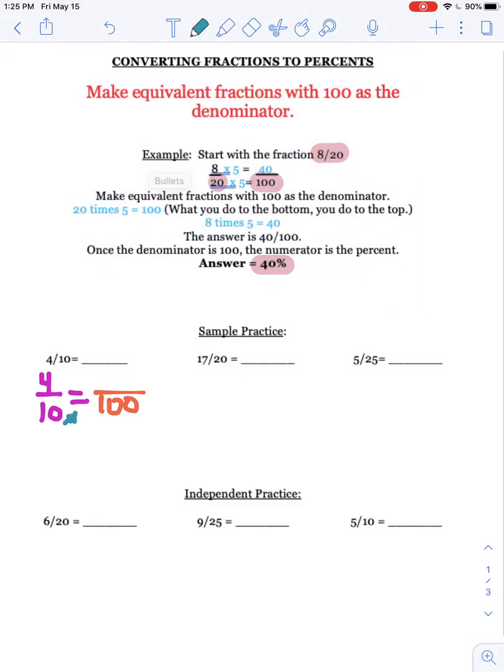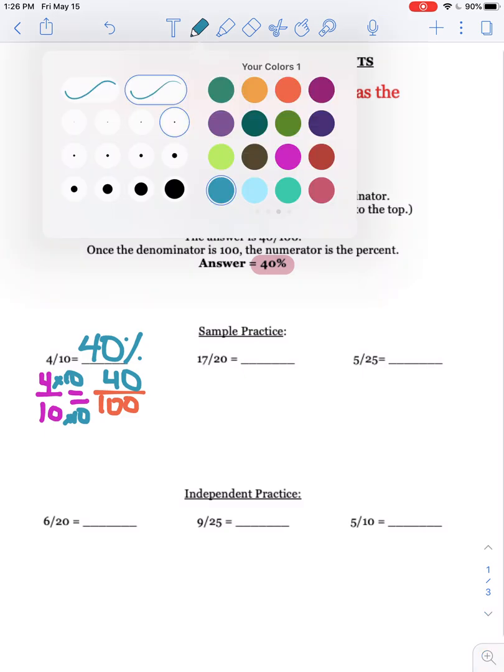We multiplied by 10, so we have to multiply by 10 up here. So 4 times 10 is 40. That gives us a fraction of 40 over 100. So 40 over 100 is the same thing as saying 40% because it's 40 hundredths. We know the highest percent you can get is 100. So once your denominator is 100, whatever number is your numerator automatically becomes your percent.